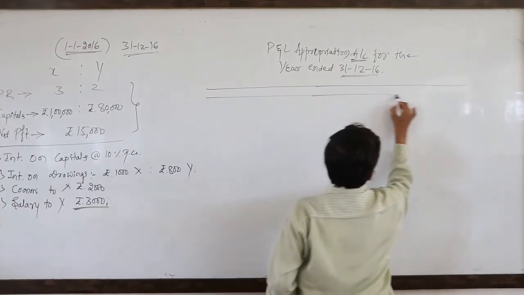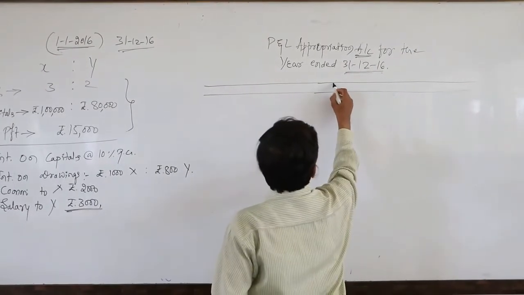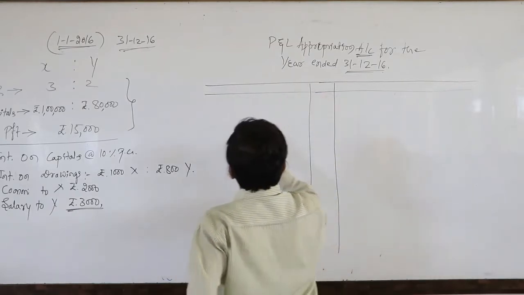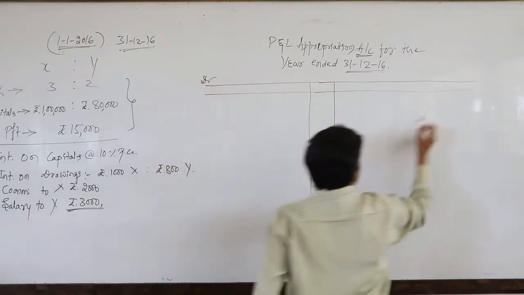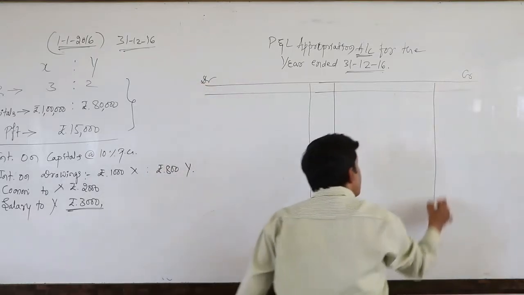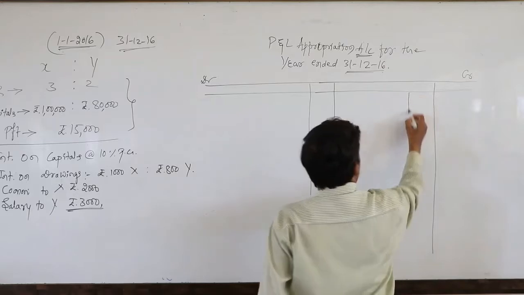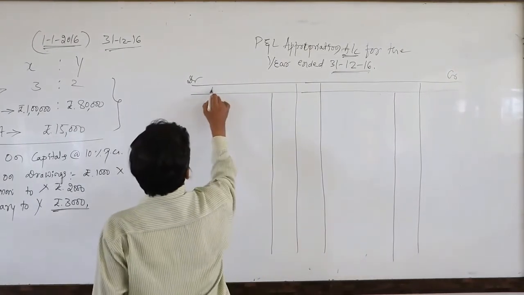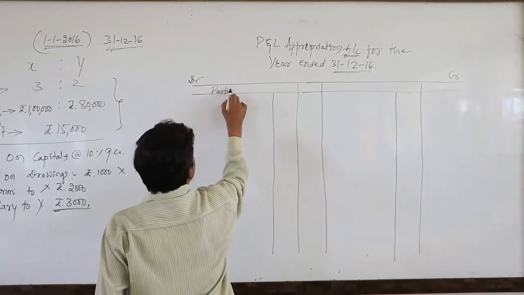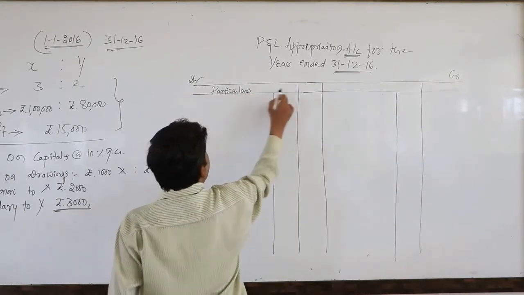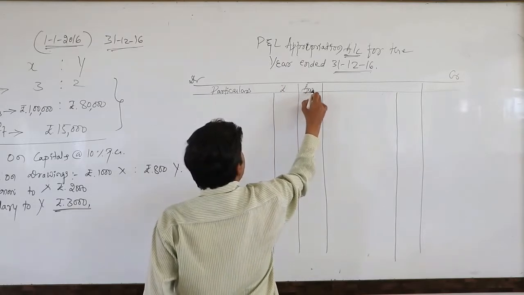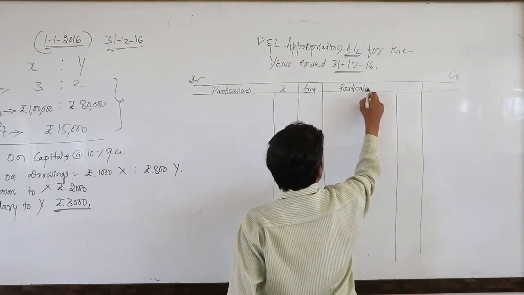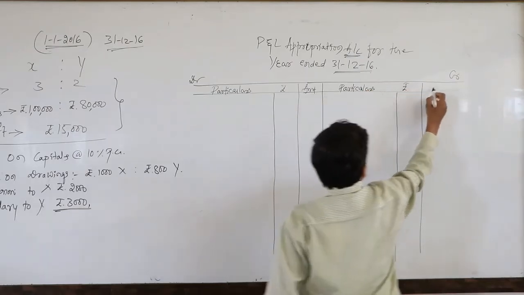When we are preparing the account, dear students, as you all know, it contains two sides, namely the debit side and the credit side. Particulars, amount, particulars, amount, rupees.